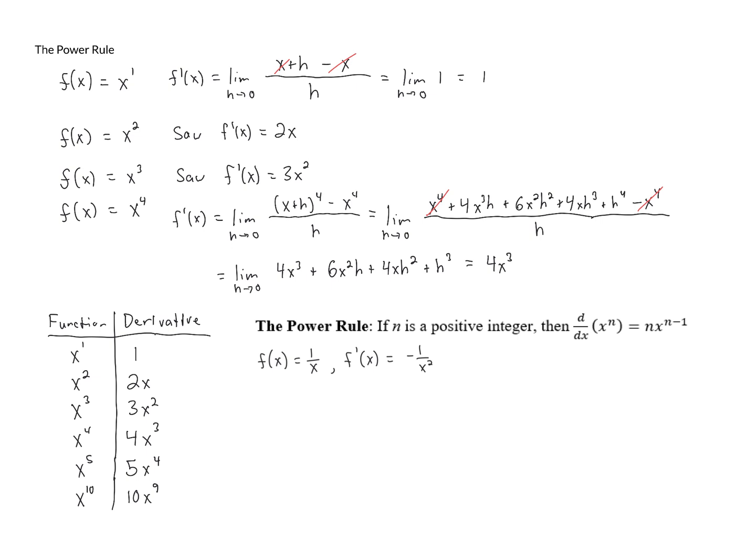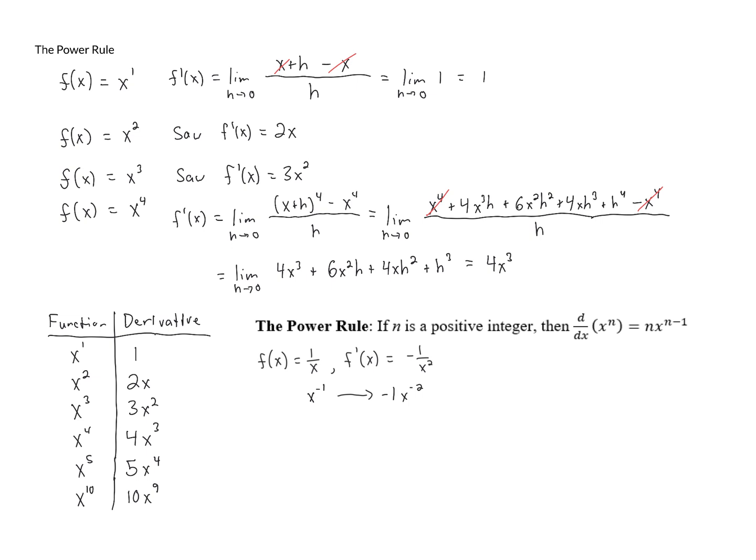Now, we can also consider 1 over x to be x to the negative first. So if the function is x to the negative first, then the derivative is negative 1 x to the negative second. And again, you can see that the exponent, negative 1, becomes the coefficient. And then the original exponent, we subtract 1 to get the exponent of the derivative. Negative 1 minus 1 is negative 2.